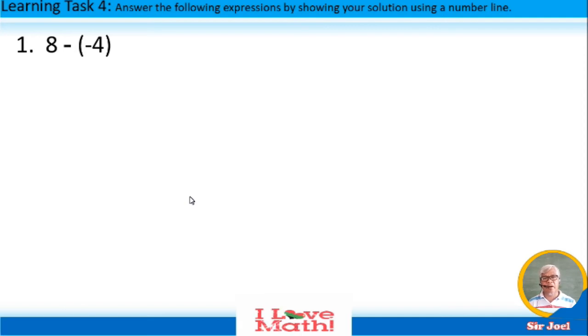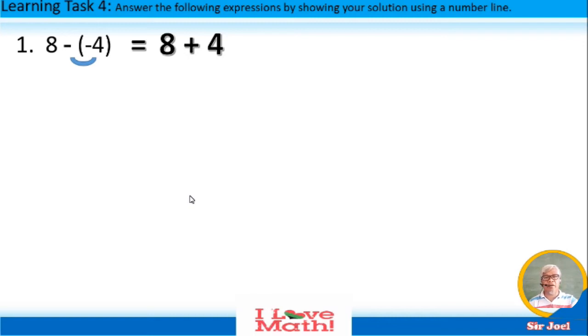So if you look at the problem, meron ulit tayong magkasunod na signs. Kita nyo? Negative, negative 4. So, dahil pareho ng sign, ang sabi natin, pag pinag-isa, yun ay magiging positive or plus. Ibig sabihin, ang tanong na natin ay 8 plus 4.